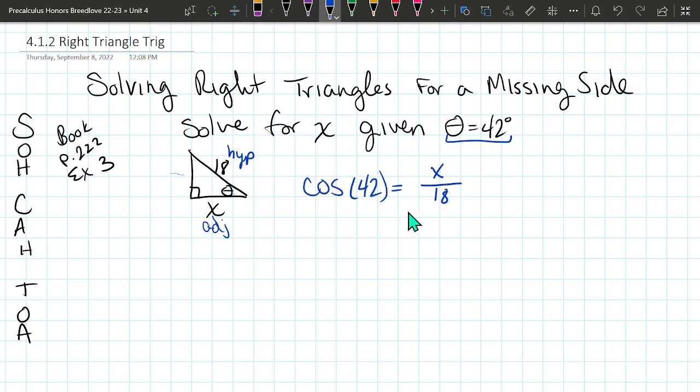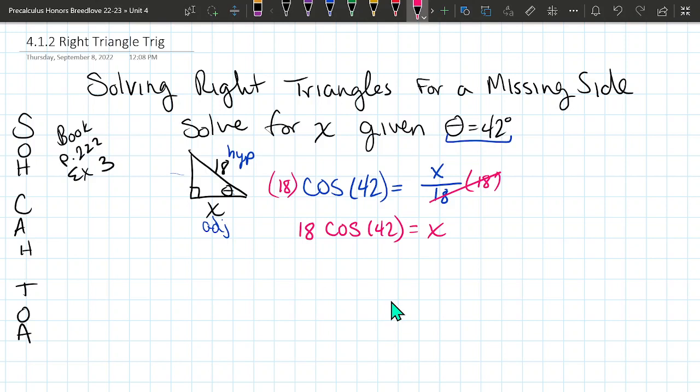Before you calculate it, you have to get x by itself, right? So the 18 is in the denominator, and just like you would solve any other problem, to get it out, you multiply by 18 on both sides. So you can type it in your calculator like 18 cosine 42 degrees, or 18 times the cosine of 42 degrees, or you could put the 18 in parentheses.